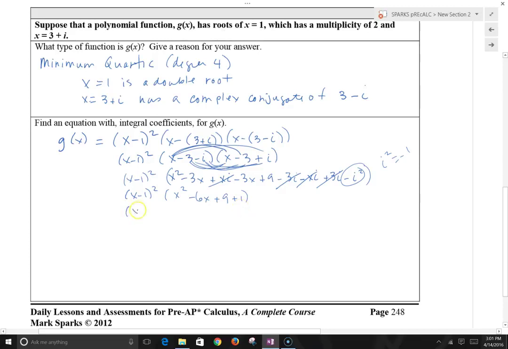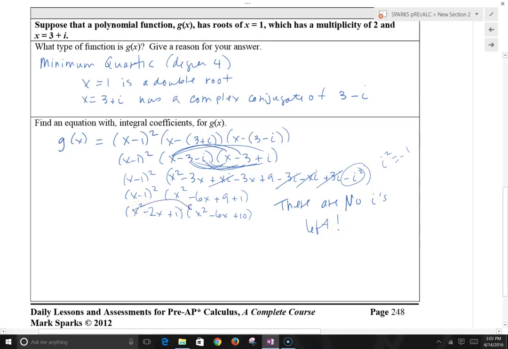Alright, so I'm going to multiply this one out now. x squared minus 2x plus 1. And then we've got x squared minus 6x plus 10. And what do you know? All this is nice and neat, and we have no i's. There are no i's left. How wild is that?